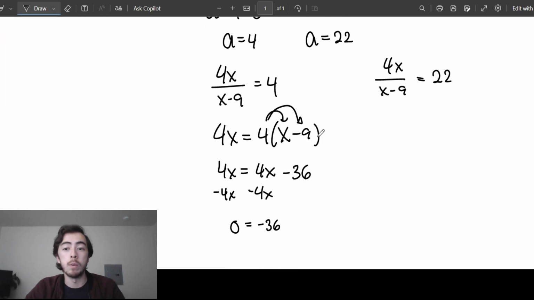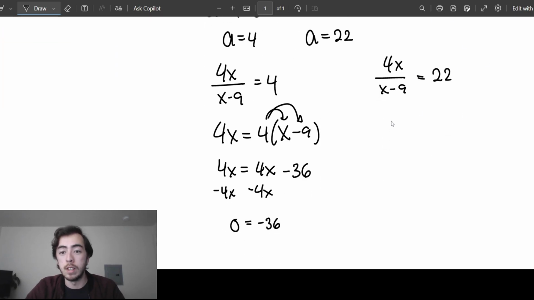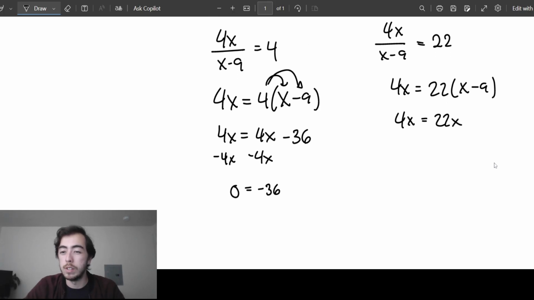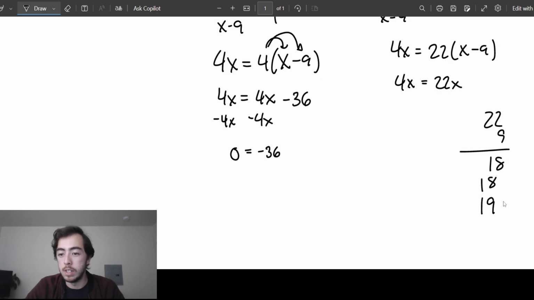So instead, hopefully we will find our answer on the right side here. I will multiply both sides by the denominator again. Let's expand the left side. I can't do 22 times 9 in my head. That's going to be an 18 here and an 18 there, so 198. Let's subtract off the 4x, so we're going to get 18x here, and then we can add the 198 over to this side.